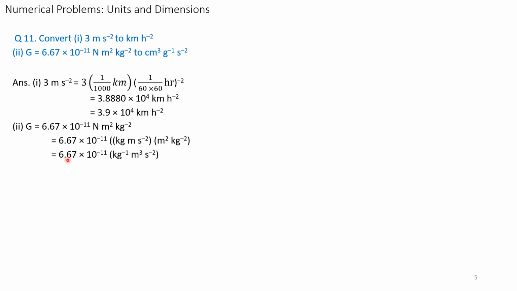So simplifying, we get 6.67 into 10 to the power of minus 11. This kg plus 1 and this minus 2 becomes kg to the power of minus 1. Meters and meter square become meter cube, combining these two m's, and per second square as it is. Now we will convert kg into gram and meters into centimeters.